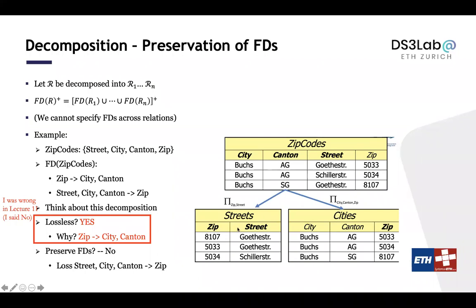Why don't we have one from zip to street? Because that doesn't exist in your original application. Given a zip code, I cannot decide the street. There could be two streets with the same zip code. Makes sense? Yes, thank you. Okay, cool.